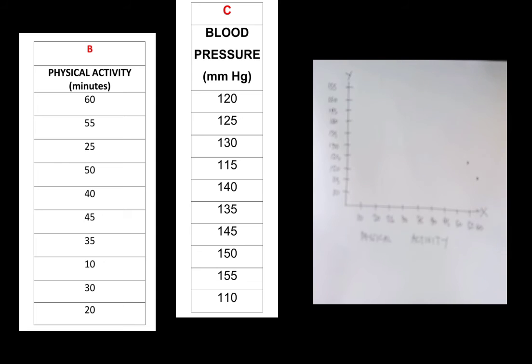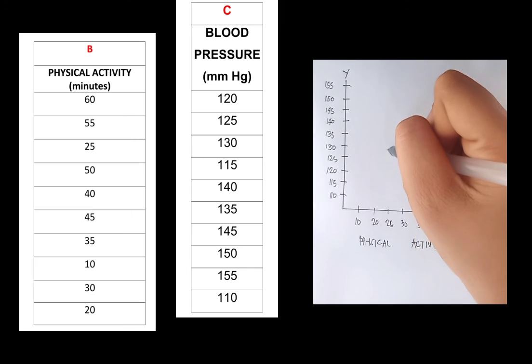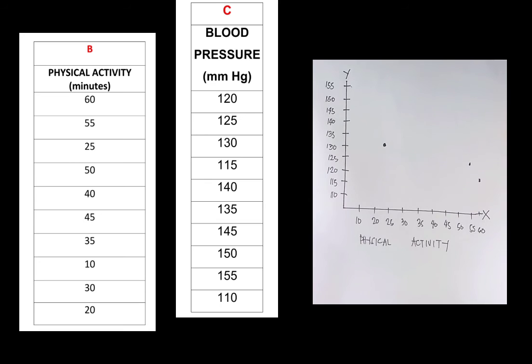The third in the line is 25 and 130. Next is 50 and 115. Next is 40 and 140. Next is 45 and 135.